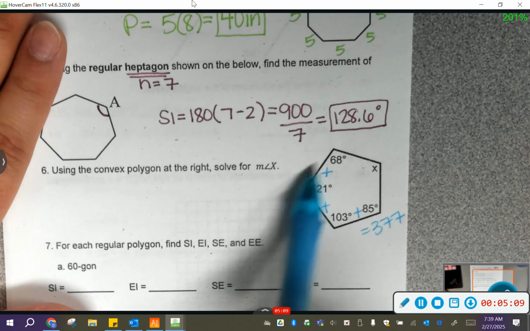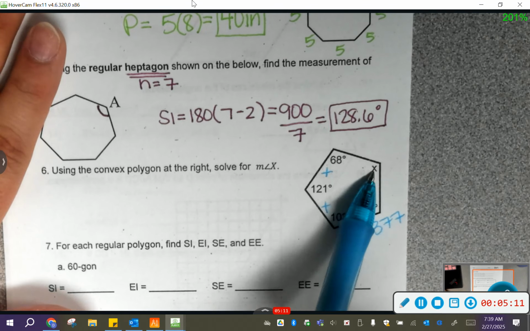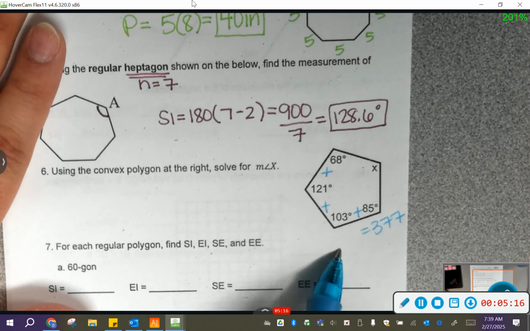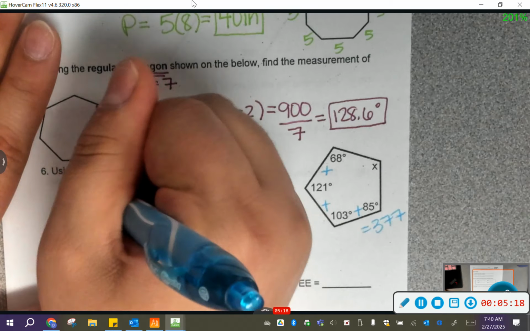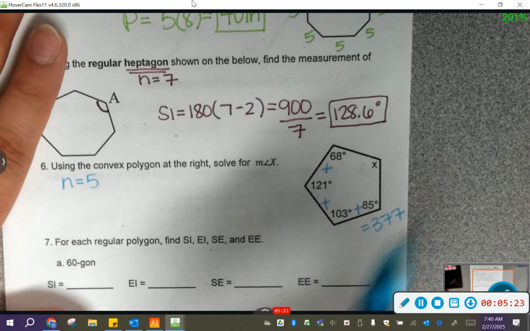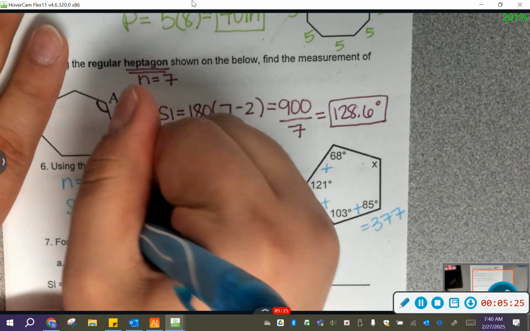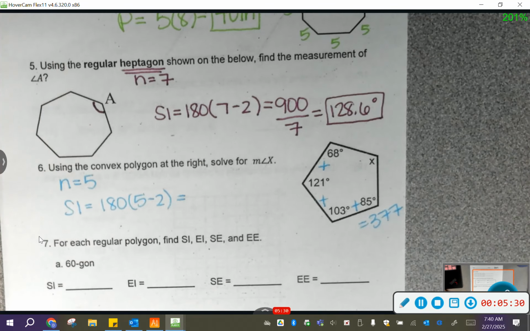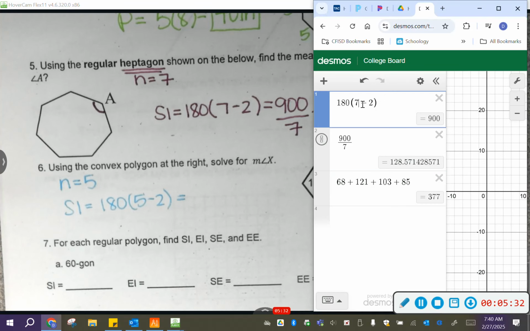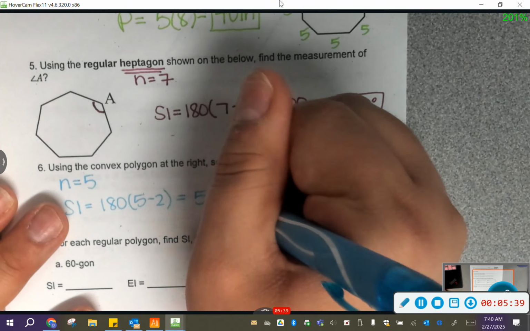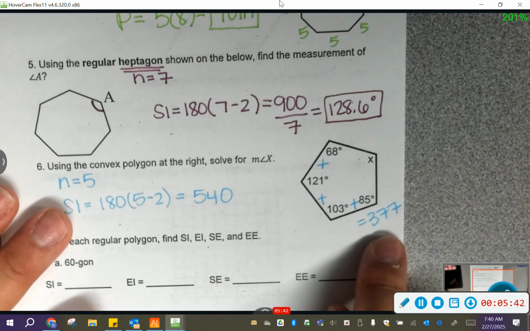But what should all of these equal with x? How do we figure that out? 180 times n minus 2. Now, how many sides are there? So I'm going to do 180 times 5 minus 2, which is 540. So they should add up to 540. What do they add up to?